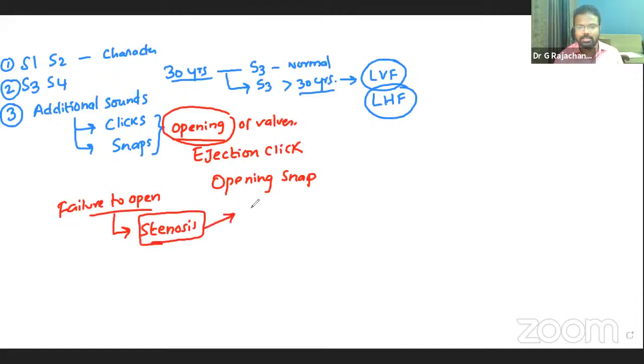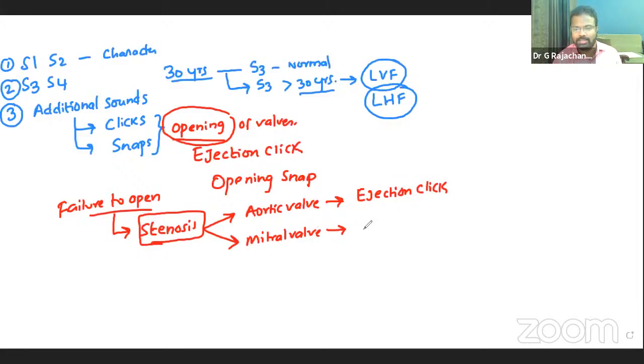Now, if there is a stenosis of the aortic valve, you get something called ejection click. When there is a stenosis of the mitral valve, we get something called opening snap. But we can easily differentiate them.